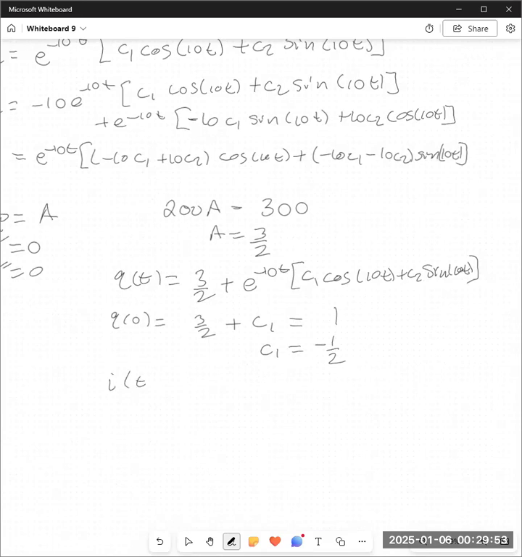I of t is going to be just whatever I called Ic there a second ago, because there's no Qp prime.